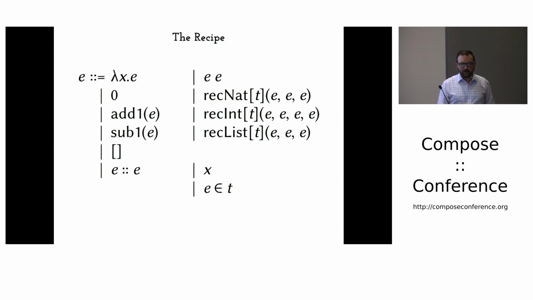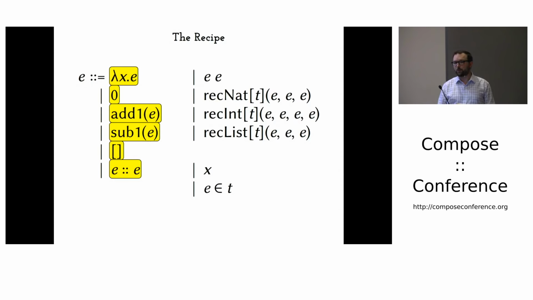Well, I've kind of categorized the parts that do checking, the parts that do synthesis, and the parts that are sort of on their own into 3 categories here in the grammar of the language. The first category are all the things that we did in checking mode. In other words, we have lambda, we have 0, we have add1, we have sub1, we have empty list, and we have list cons.